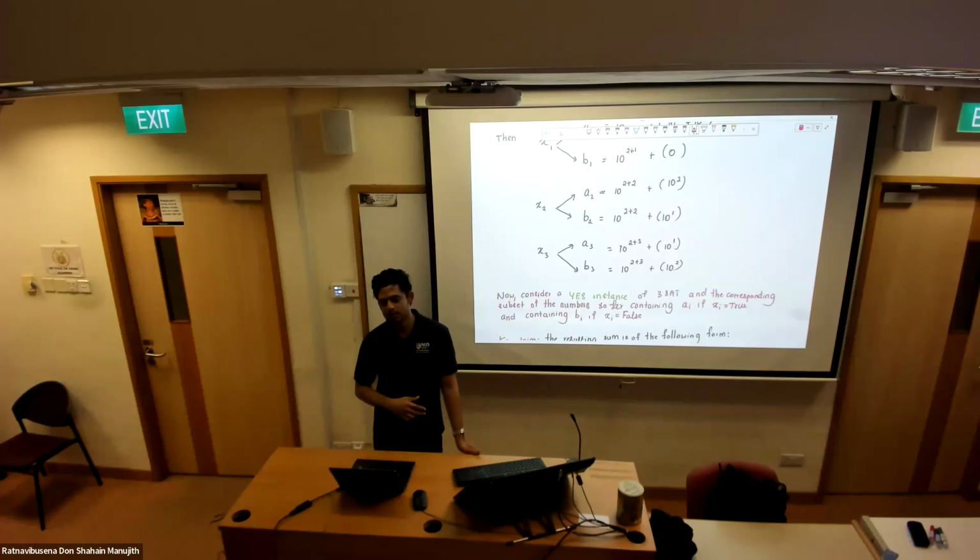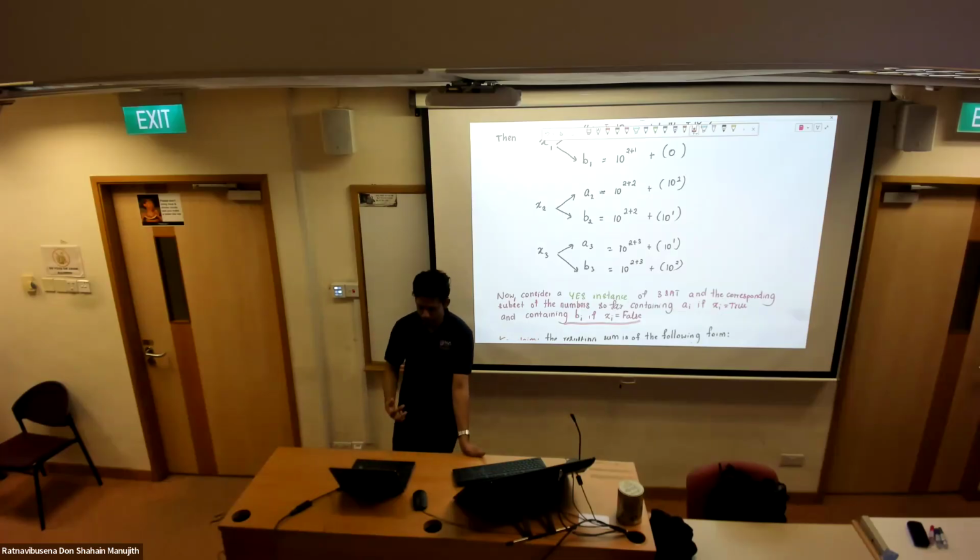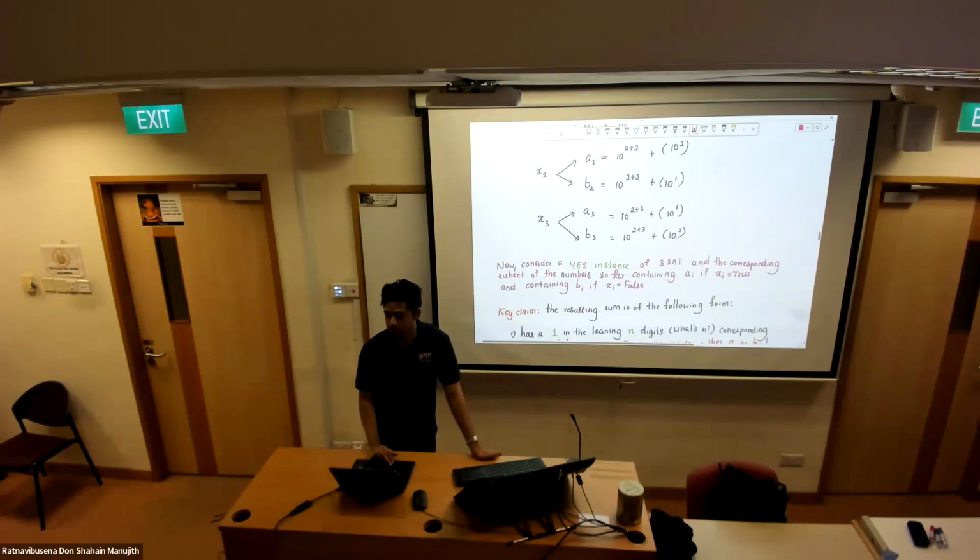In this case, I also use the same kind of intuition. I look at an instance of 3-SAT. Now I look at the corresponding subset of numbers containing ai if xi equals true and containing bi if xi equals false. The main claim that I'm going to make is that the resulting sum is of the following form. Recall, I define for each xi, ai and bi.